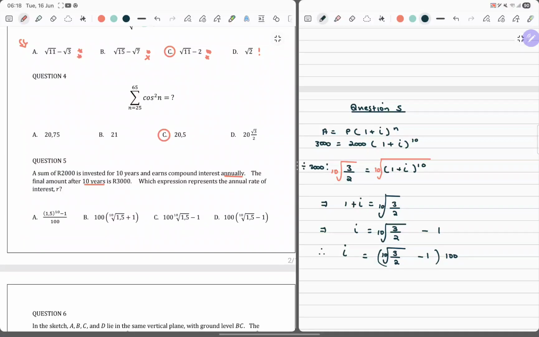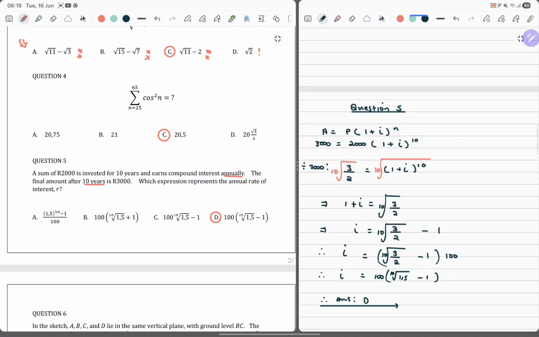Well, D looks like it, but it was further simplified, so we know that i could have been expressed as the 10th root of 3 over 2 is 1,5 minus 1. Okay, and the 100 was put in front instead. Remember, multiplication is commutative, so where we place the 100 doesn't matter per se. All right, so we can see that our final answer is option D.